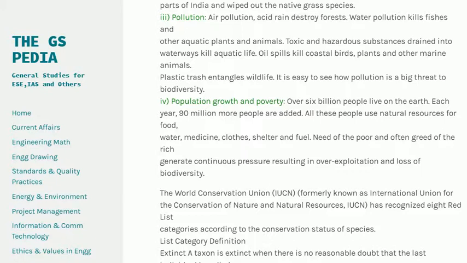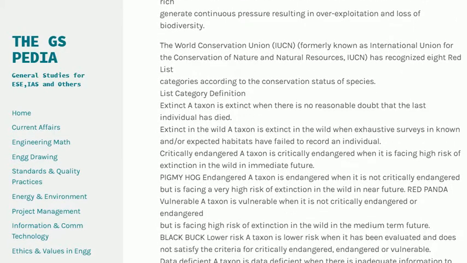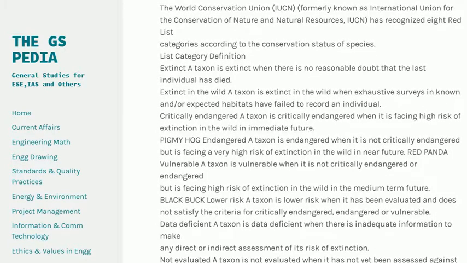The World Conservation Union, IUCN, formerly known as the International Union for the Conservation of Nature and Natural Resources, has recognized 8 Red List categories according to the conservation status of species.